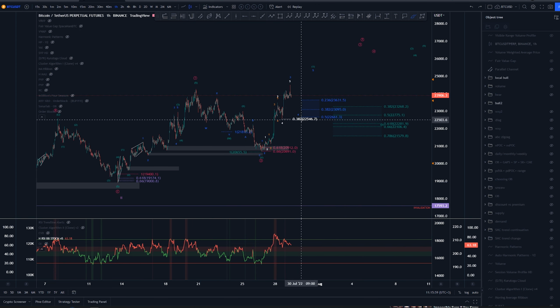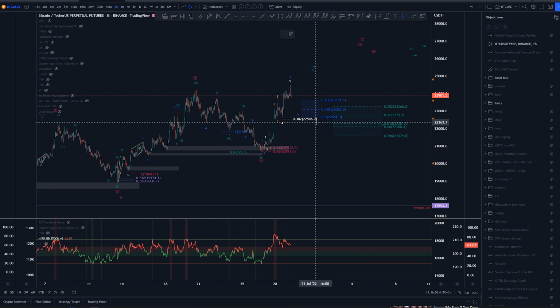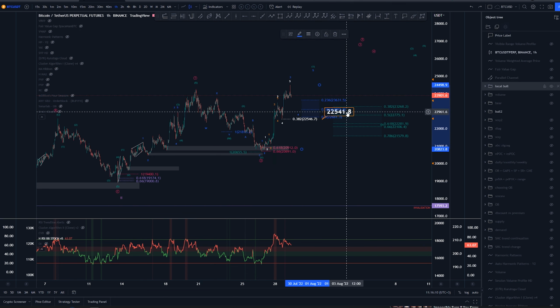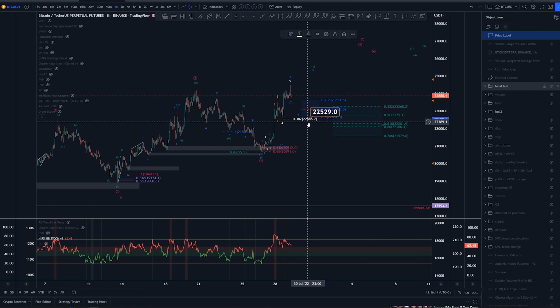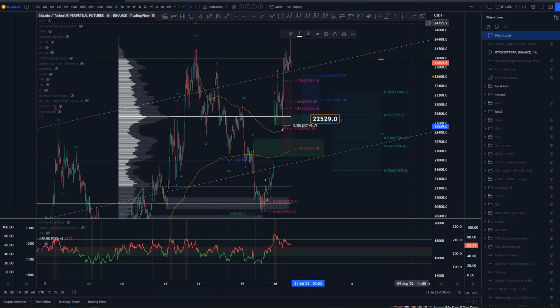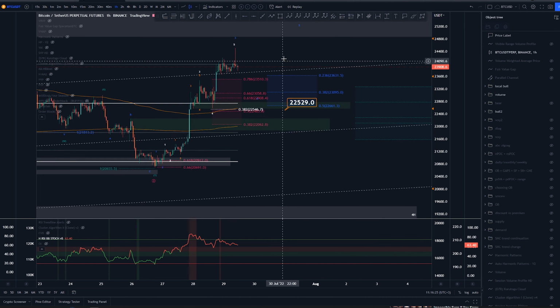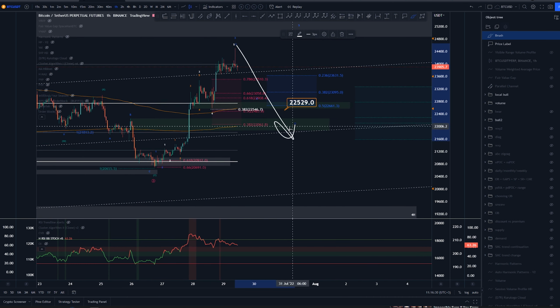But again, if we are going to be coming down below this 22.75 area, let me do that again. 22.529, around there, below this order block, then we can be more comfortable saying that this move is most likely completely done at the top here, and then we would be looking down.